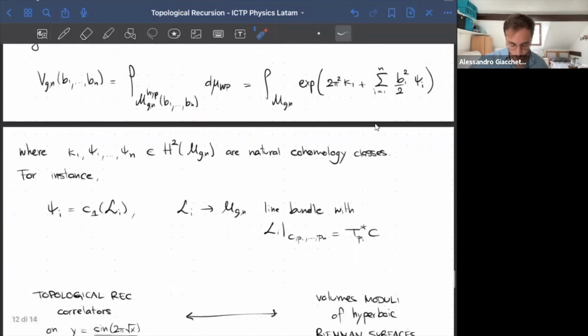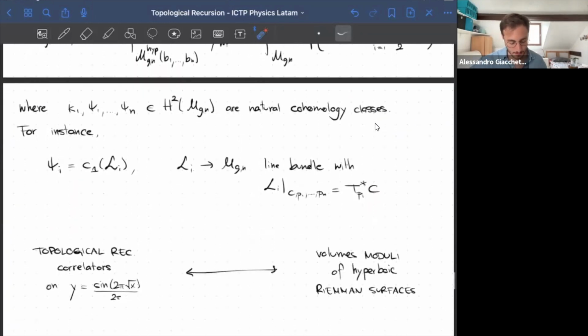And so going back to the general picture that I was trying to describe.